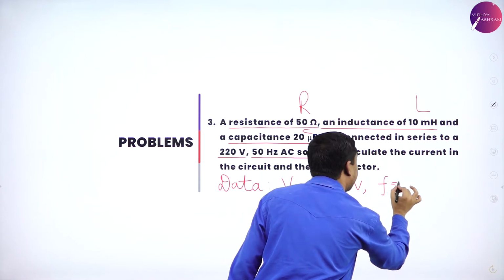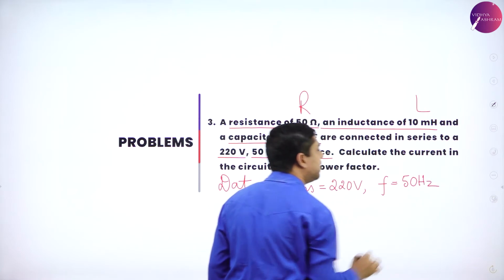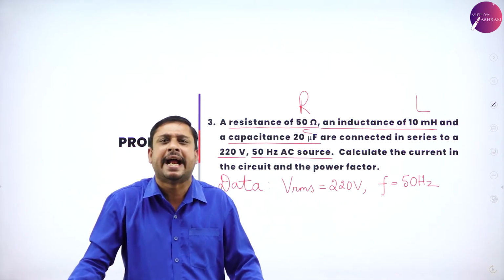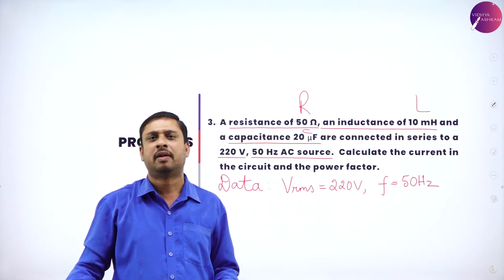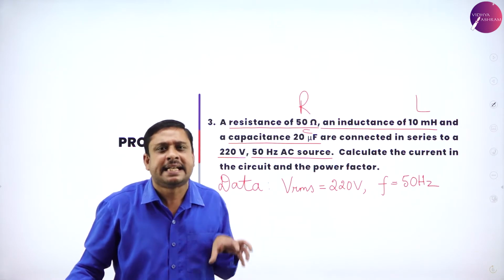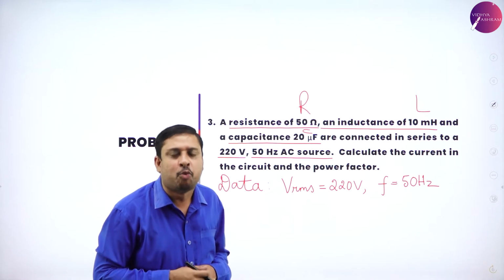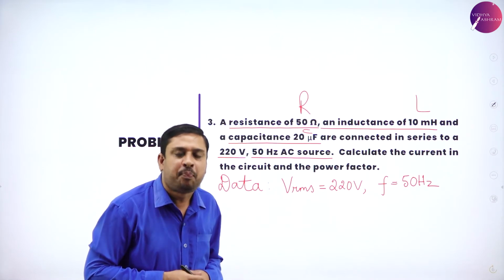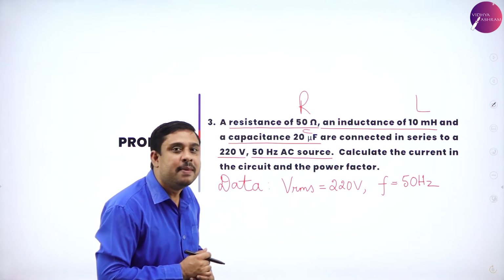Frequency is 50 hertz. This is the common data that is given in the exam. The first thing, as I told, what is that you will look on to? The applied voltage, applied EMF, which is called the RMS value.